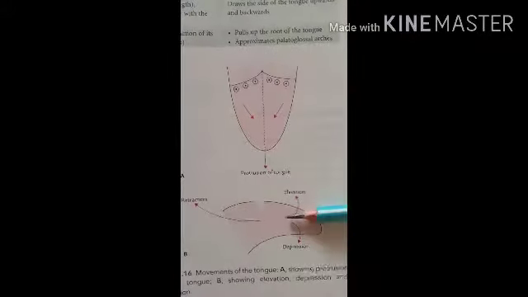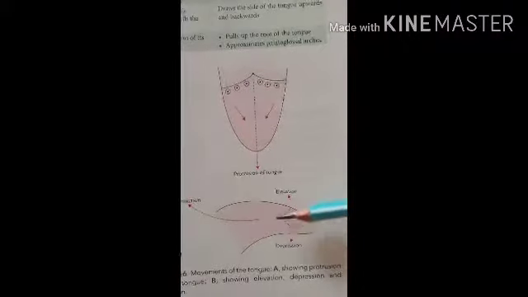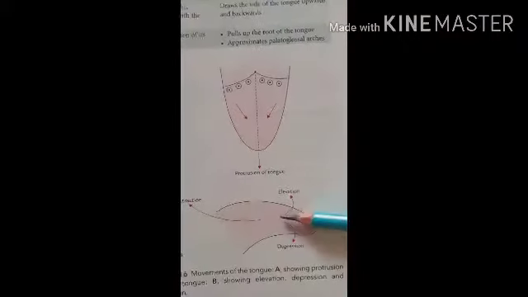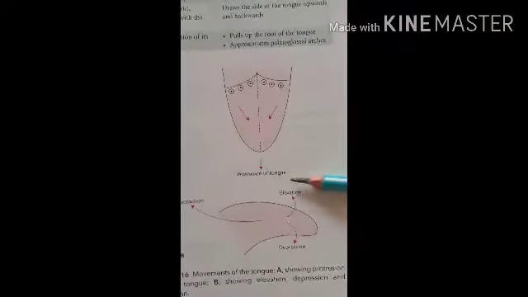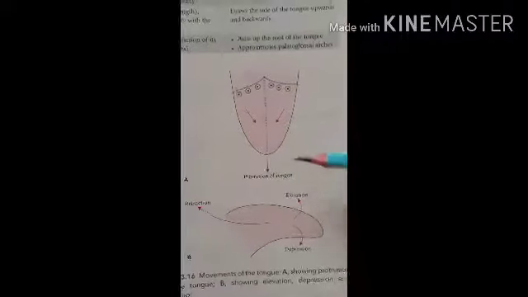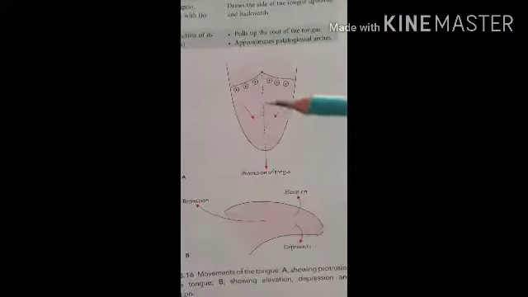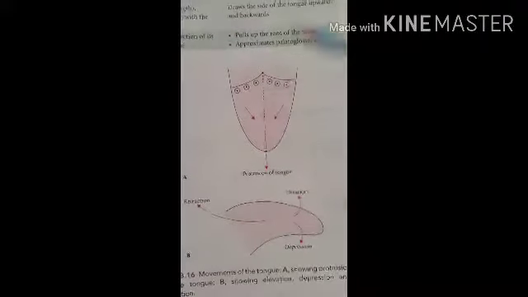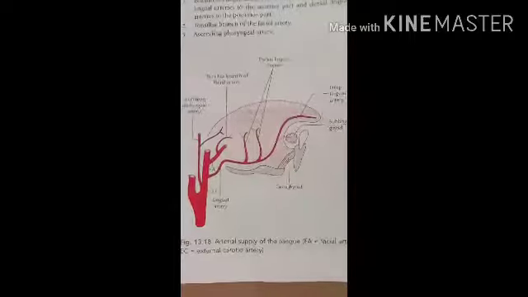Depression of the tongue occurs by the hyoglossus muscle. Elevation of the tongue occurs by the palatoglossus muscle. And the change in shape occurs by the intrinsic muscles.